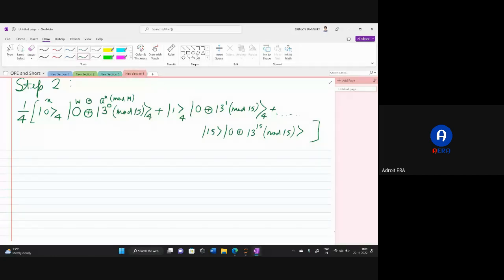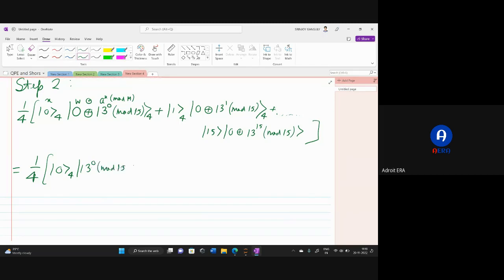So now let us write it down: 1 by 4, then ket 0 ket 4, and then what we are going to have is this value. We are going to have 13 to the power 0 mod 15.